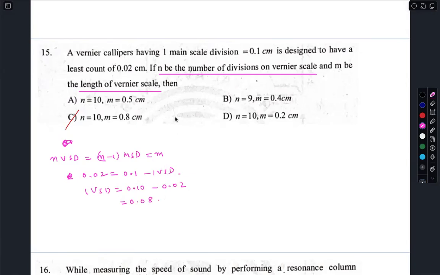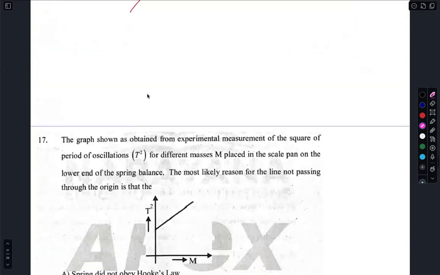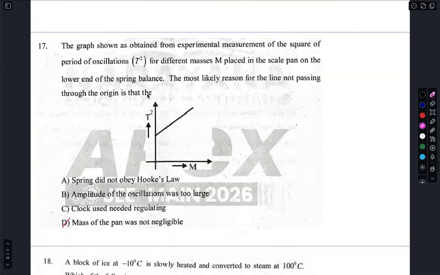So done, 0.08. 0.10 minus 0.02, correct, right? So multiply this with 10, you will get 0.8 centimeters. You got one Vernier scale division, right? Sure. Next.